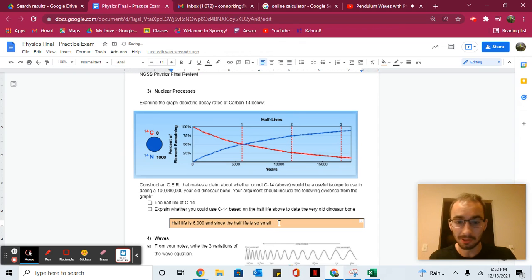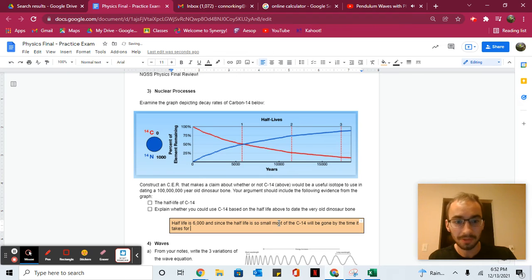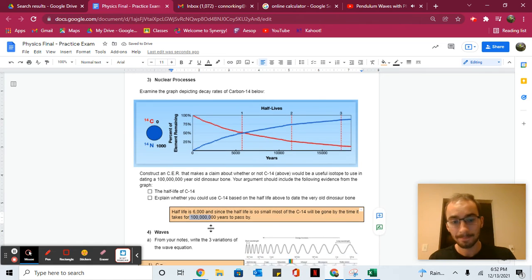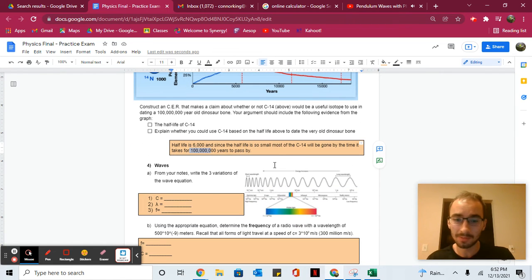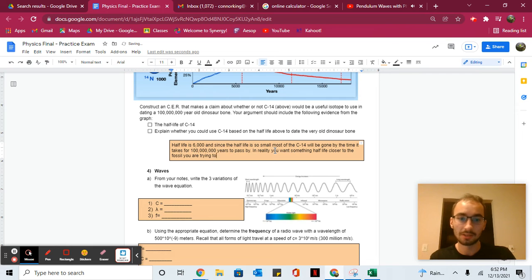So since the half-life is so small, most of the C14 will be gone by the time 100 million years pass, since that's going to be a lot of half-lives within that 100 million. So C14 is not useful. In reality, you want something with a half-life close to the fossil you are trying to date.